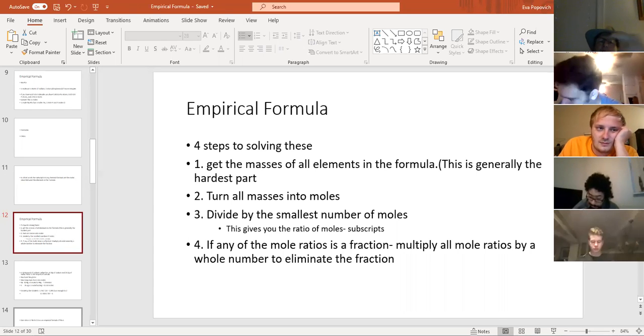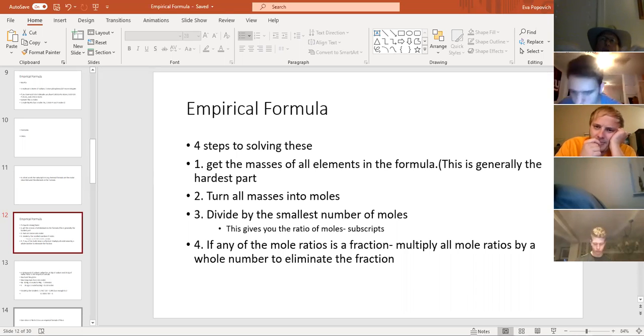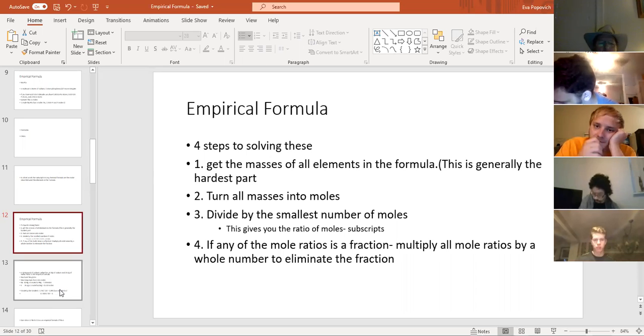So when I'm doing these, my molar ratio may give me a fraction, but I have to correct it by multiplying by integers until I get rid of the fraction. But I have to multiply not only the molar ratio that's the fraction, I have to multiply the other molar ratios as well. We'll get into that with a practical example that will make that a little more self-explanatory.